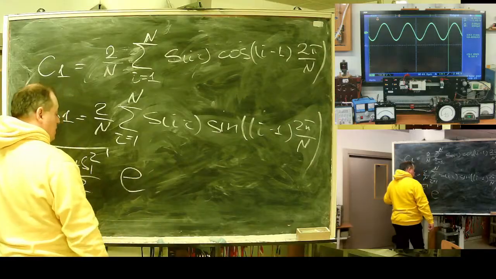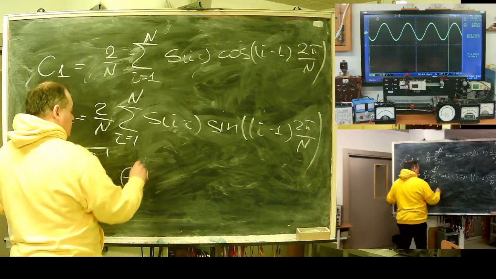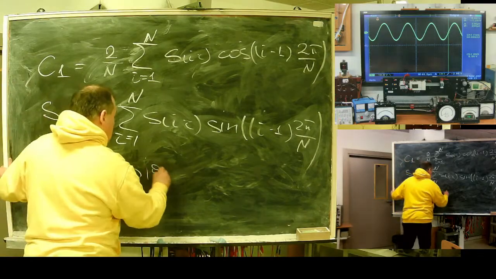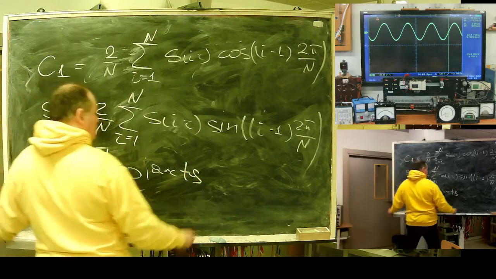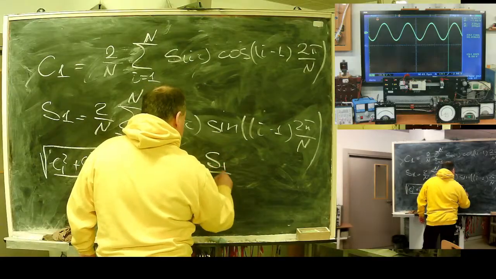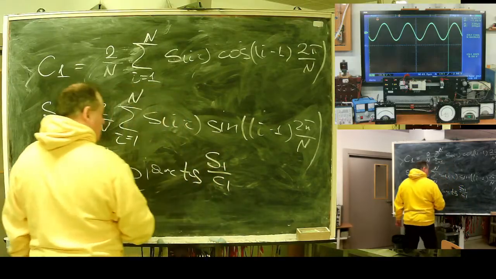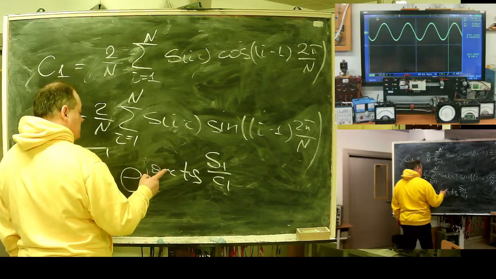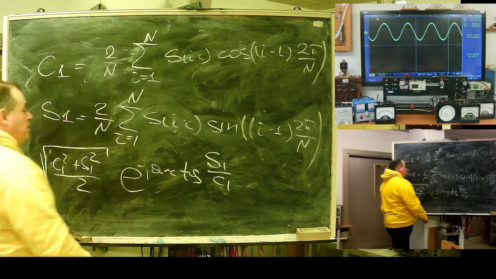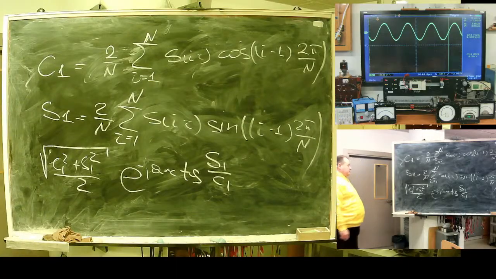The phase is e to the power j arctangent of S1 over C1, with the minus sign because of cosine. Here is my phasor for basics.